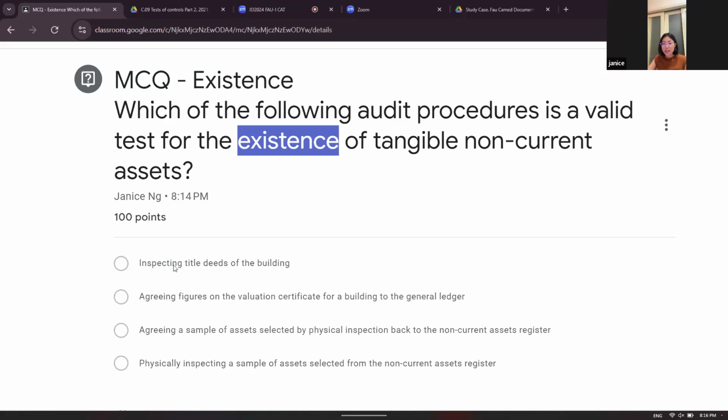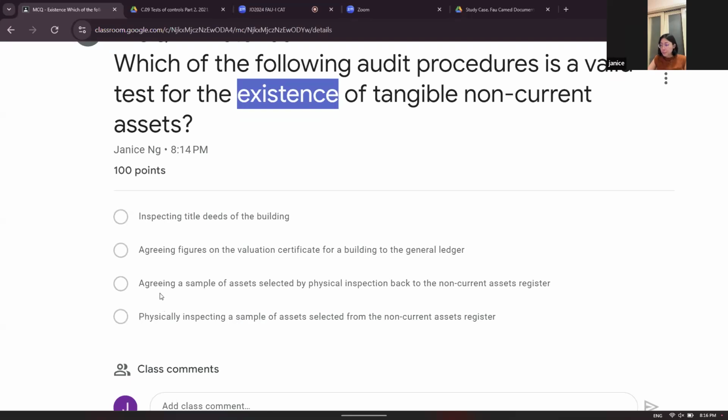So for the first one, inspecting the title deeds of the building, what does that help us to verify? Looking at title deeds is ownership, so it helps us for rights and obligation. Second, agreeing figures on the valuation certificate. Well, already they're talking about valuation, so here it's for accuracy and valuation.